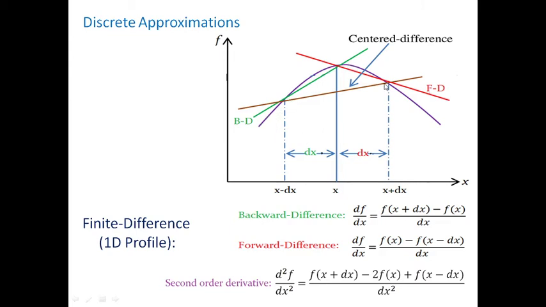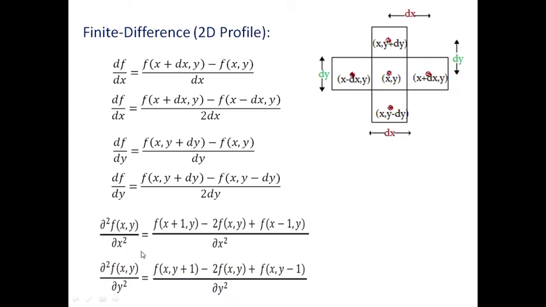It is some curve, which is in violet color, some signal, right? For the second order derivative, as I explained, I used one variable in the argument. Similarly, in the 2D profile I have to use one more extra variable, that is the y variable. Finally I obtain my 2D profile for the finite difference approximations in this manner.